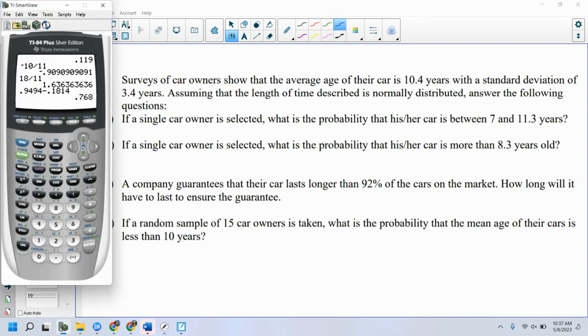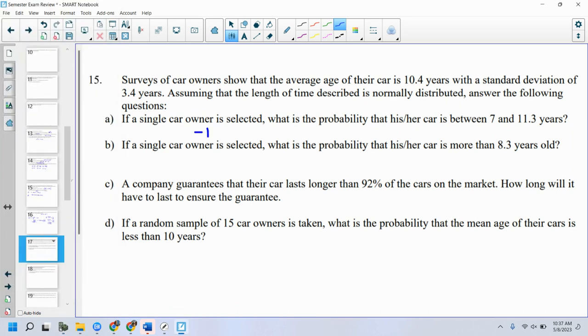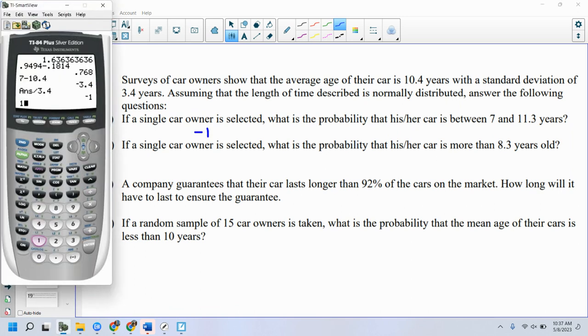So that means I want to take 7 minus 10.4 divided by 3.4. Our first z-score for 7 is -1. Our second z-score is 11.3 minus 10.4 divided by 3.4, which is 0.26.